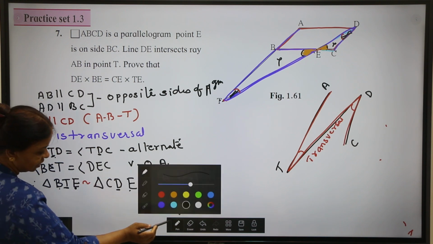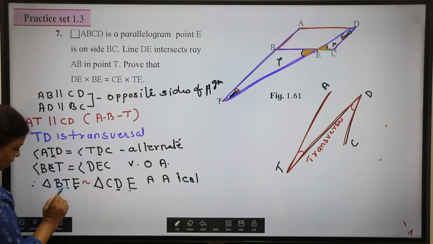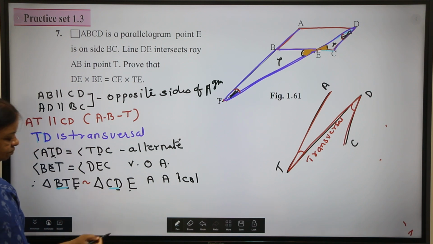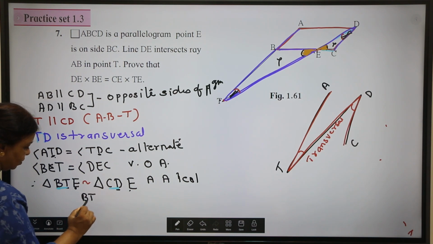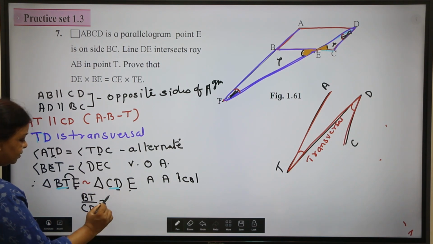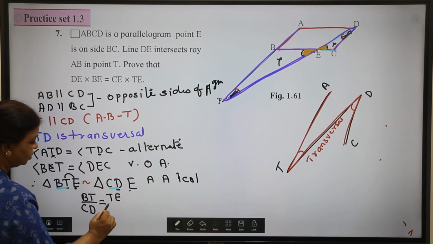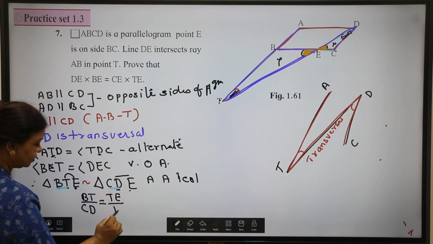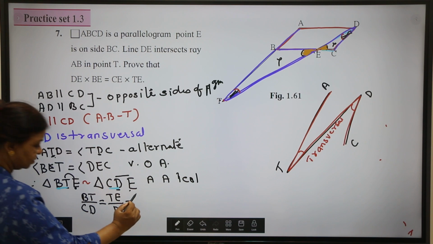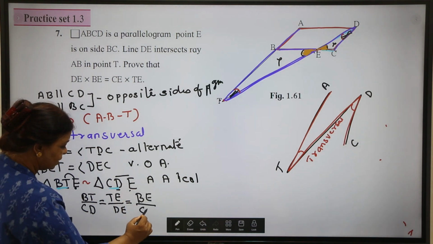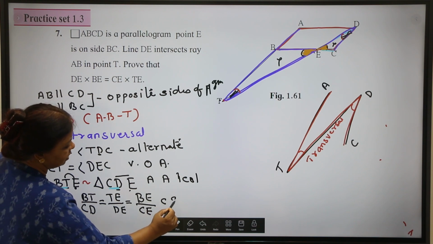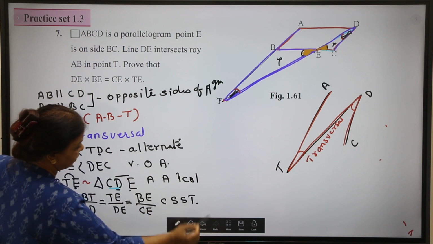Now I will be writing the corresponding sides. BT upon CD is equal to TE upon DE, which is equal to BE upon CE, and the reason is corresponding sides of similar triangles.